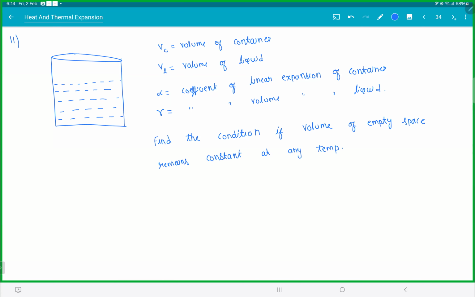Means whether you increase or decrease the temperature, let the liquid change, let the container change, but let the empty space remain the same. Try, got a minute.